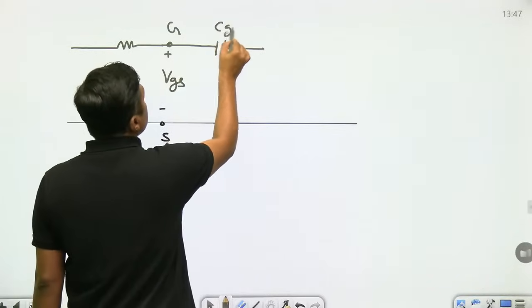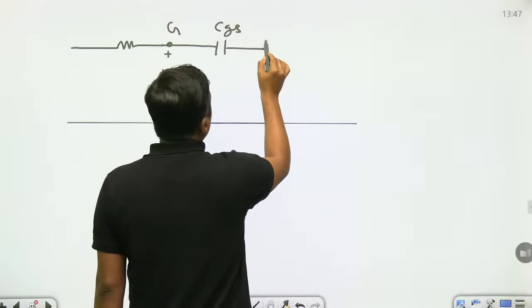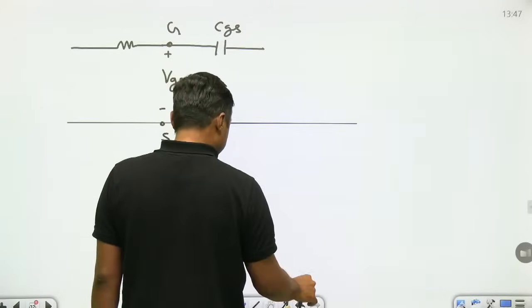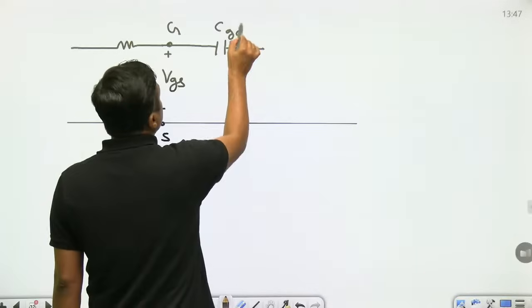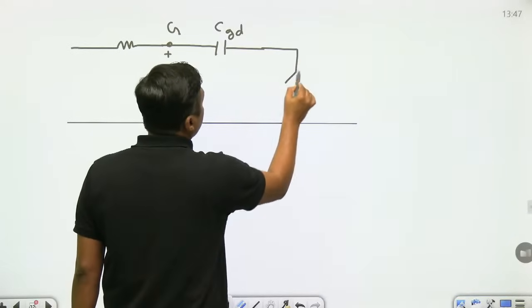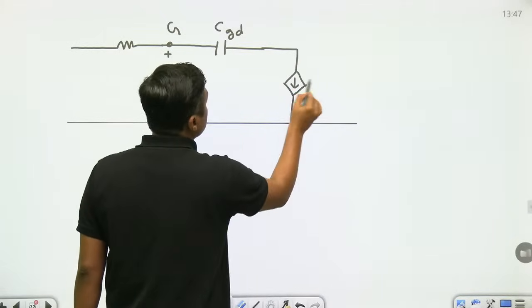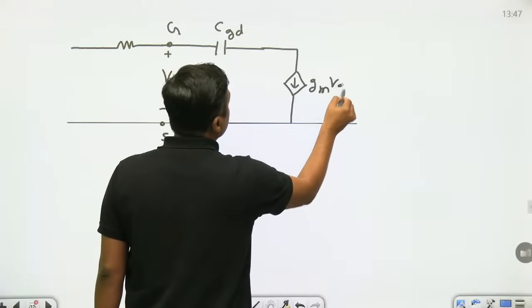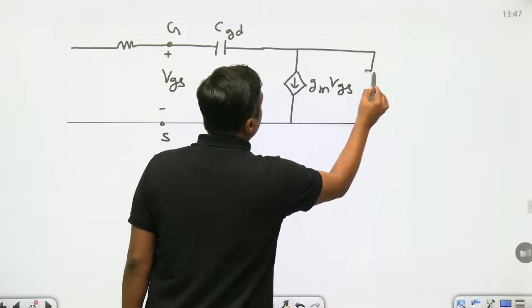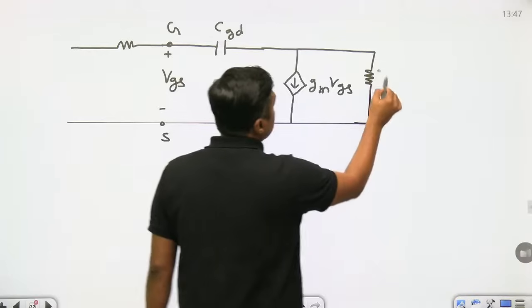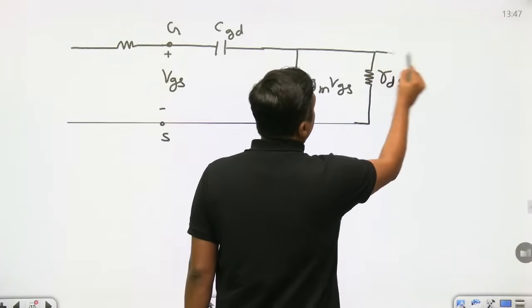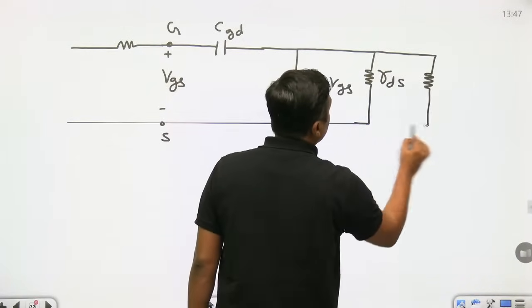This is called CGS, right? CGD. This is the drain terminal. Here we have the gm VGS, here we connect the RD, and here we connect the RDS.